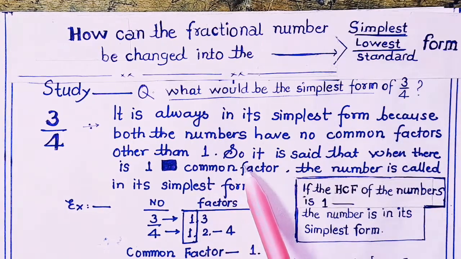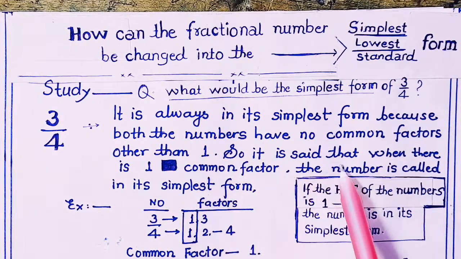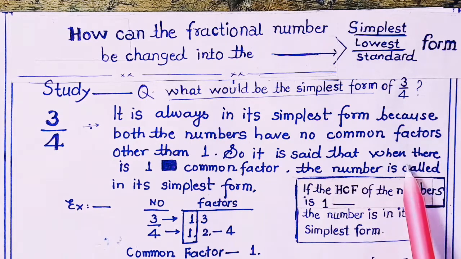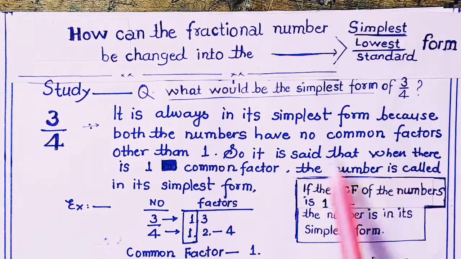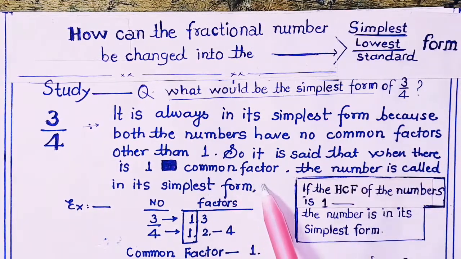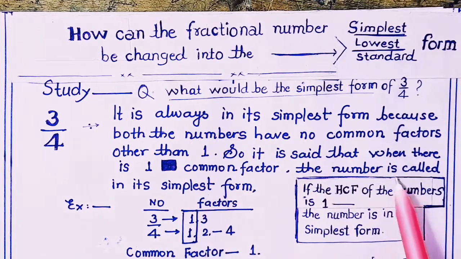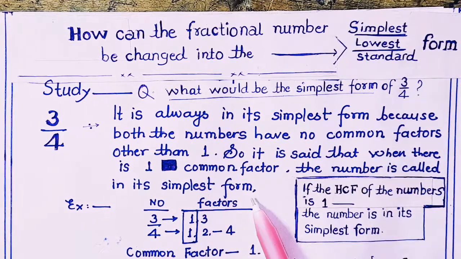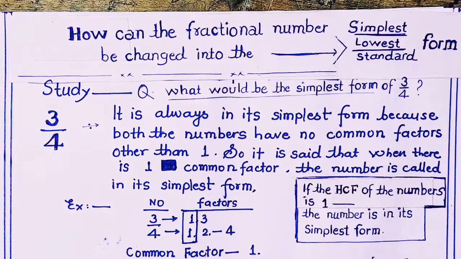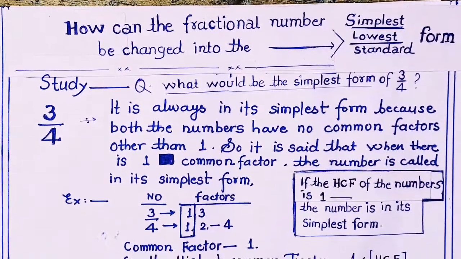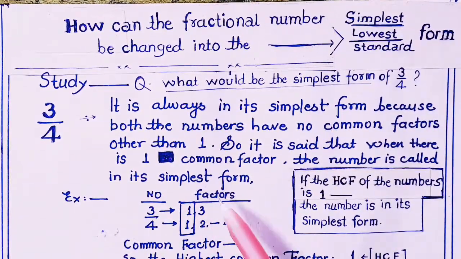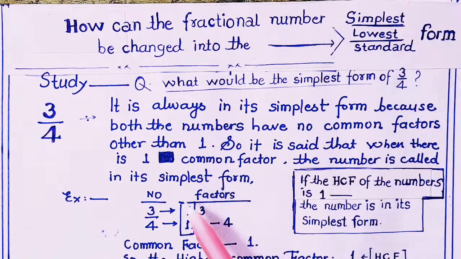So it is said that when there is only one common factor, the number is called to be in its simplest form. You can see the examples here.